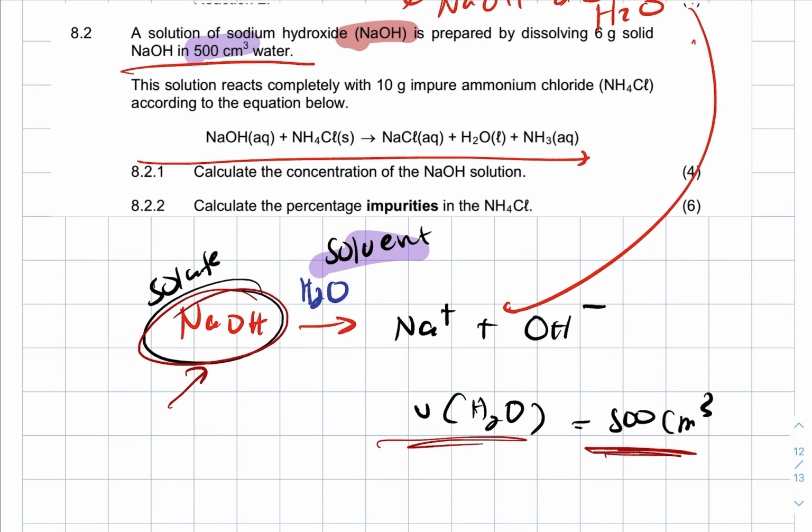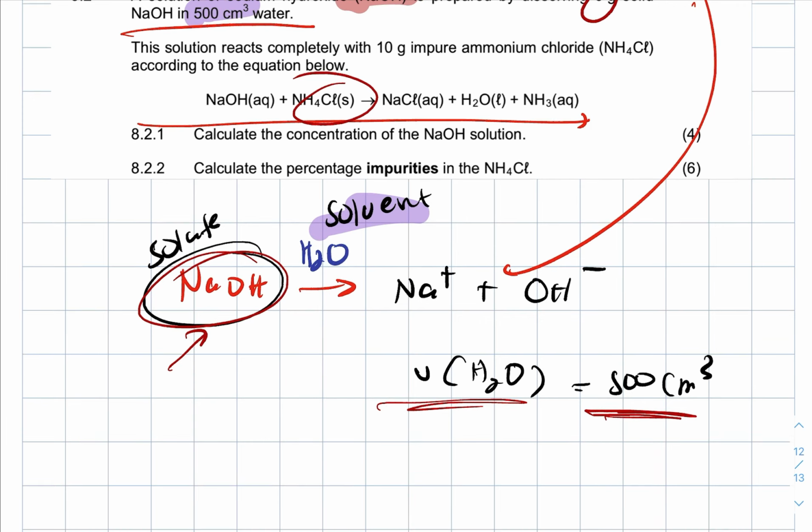I think I wanted to just illustrate that idea. All right, so the solution of sodium hydroxide, which will later be reacted with ammonium chloride, is what I'm interested in right now. So the solution of sodium hydroxide is prepared by dissolving how many grams? 6 grams of sodium hydroxide.